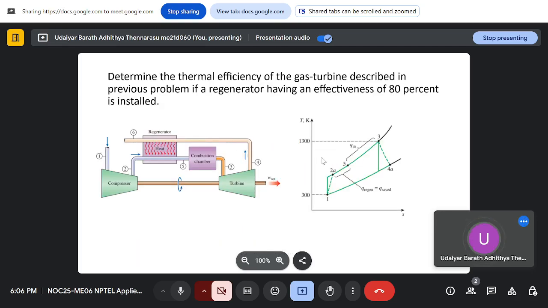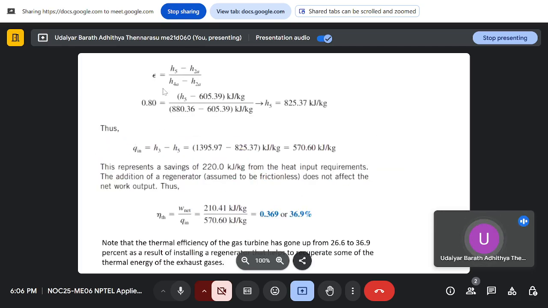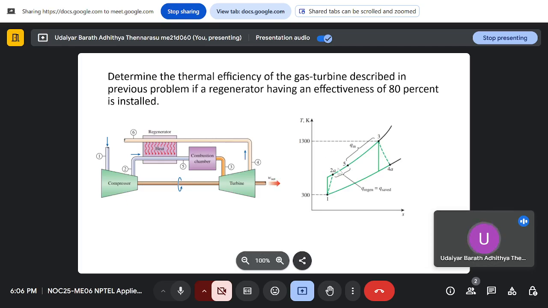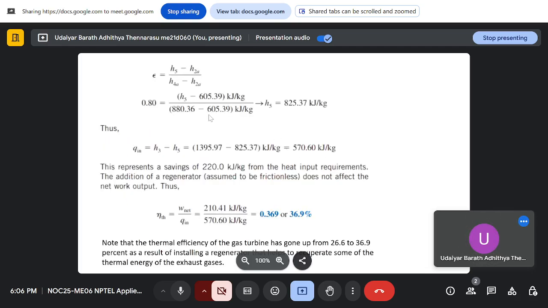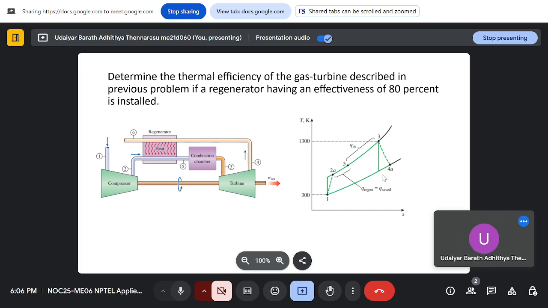First is the effectiveness of the regenerator. The actual is H5 minus H2A, divided by the maximum which can be provided by the regenerator. If you want to heat fully, the maximum heat it can provide is H4A minus H2A.